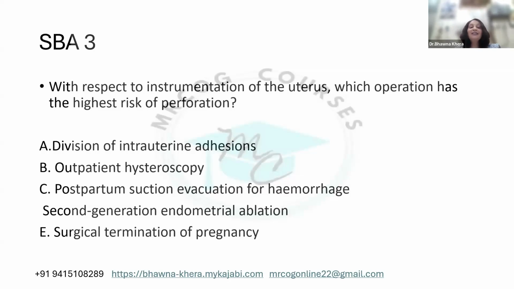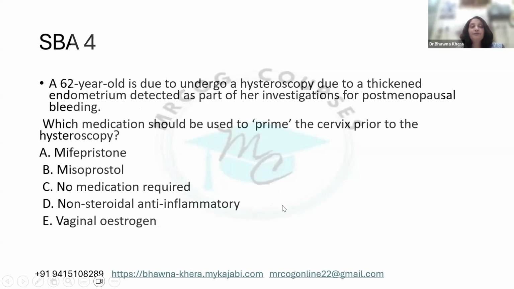Yes, you are correct. It is C, postpartum suction evacuation for the hemorrhage. This is a very important procedure where we can have a risk of perforation because there is a postpartum uterus. It's bigger in size. It is soft. So the perforation risk is highest in this.